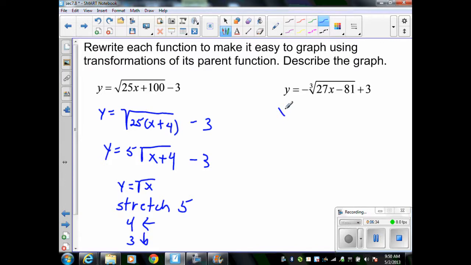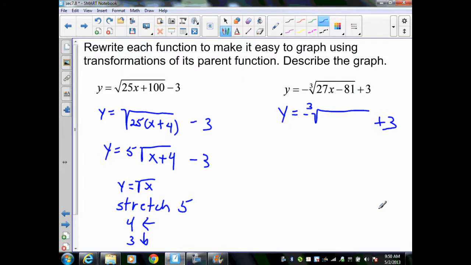My last example, y equals the negative cube root of 27x minus 81, plus 3. I'm going to factor out a 27. That gives me x minus 3 on the inside, plus 3 on the outside. I'm going to simplify the 27. y equals a negative 3 times the cube root of x minus 3 on the inside, plus 3 on the outside.